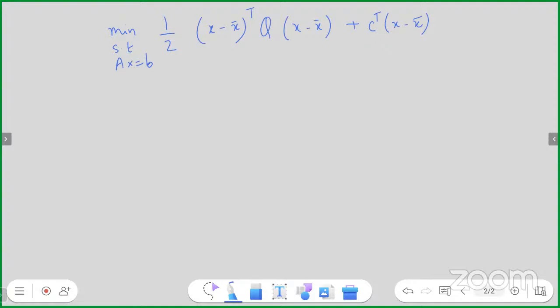So why I'm doing the exercise is that this is very meaningful as we go forward: to write one problem as a function of the other problem. And you can assume x bar satisfies A x bar is equal to b.